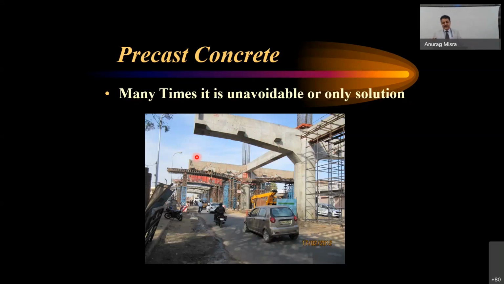So how does this precast concrete become economical? In very simple terms, if you are going to make, let's say, one 5-story block using precast concrete at some location, it is not going to be economical, because the whole planning and execution mechanism is expensive.